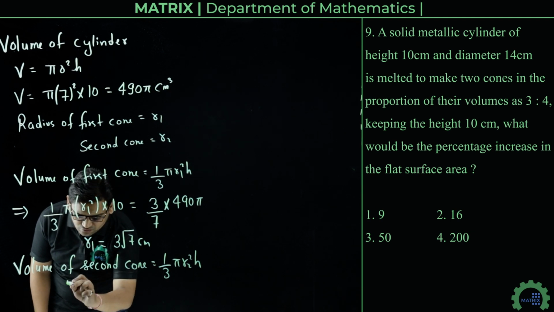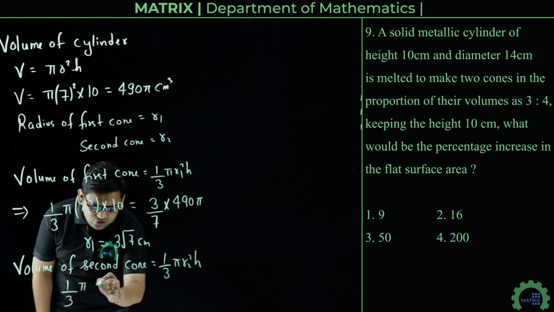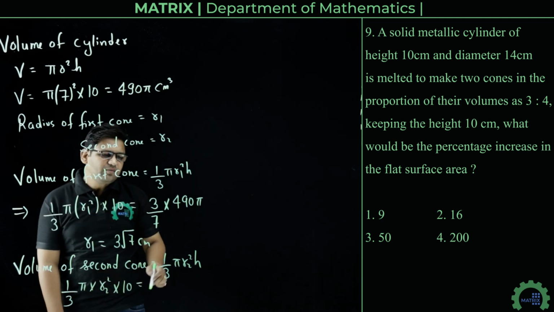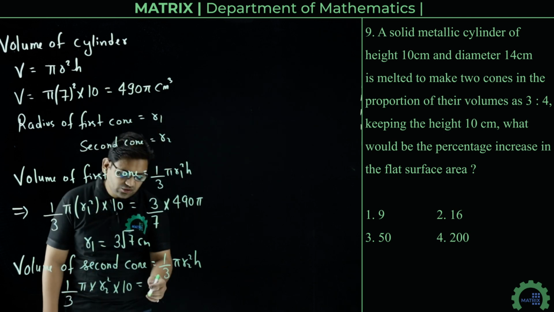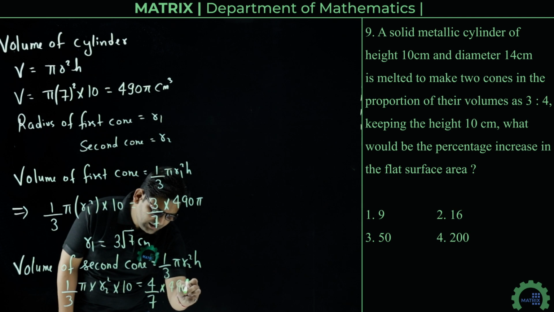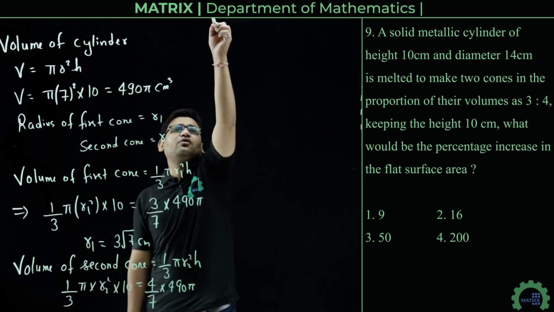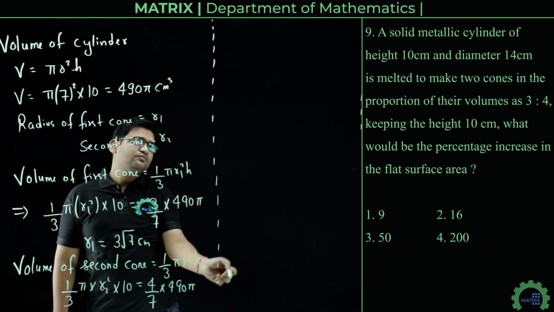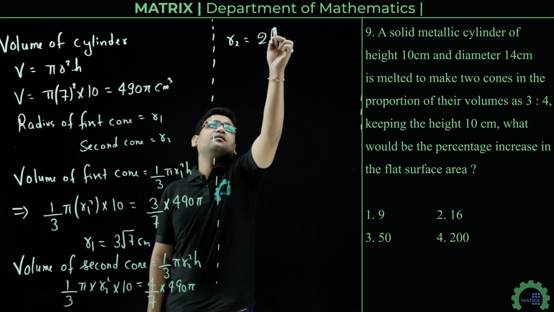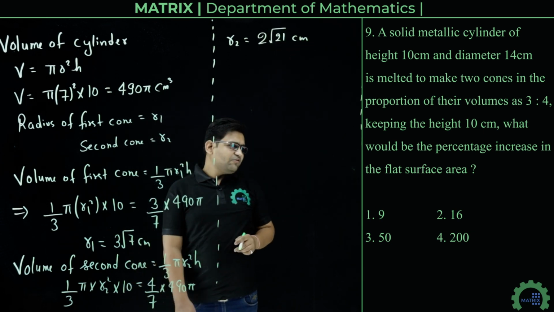That will be equal to 1/3 pi r2 square into 10, equal to 4/7 into 490 pi. So from here we get the value of R2 as 2√21 centimeter.